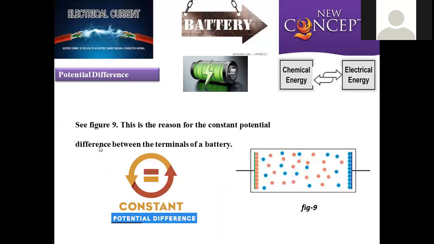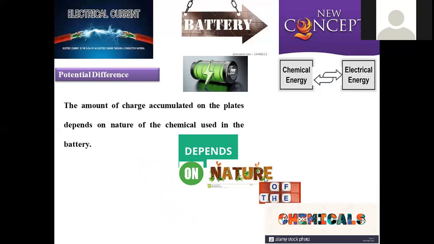Now, the other case is going to be discussed. This is the reason for the constant potential difference between the terminals of the battery. When the two terminals of the battery are connected, the potential difference will be stabilized, and at that instance a constant potential difference will be generated. Now the important parameter is the amount of charge accumulated, either at the cathode or the anode.